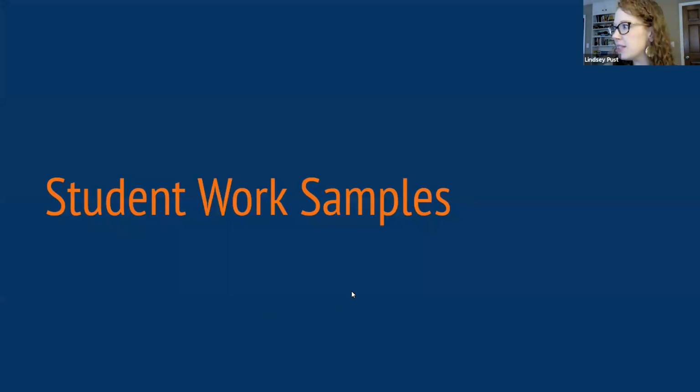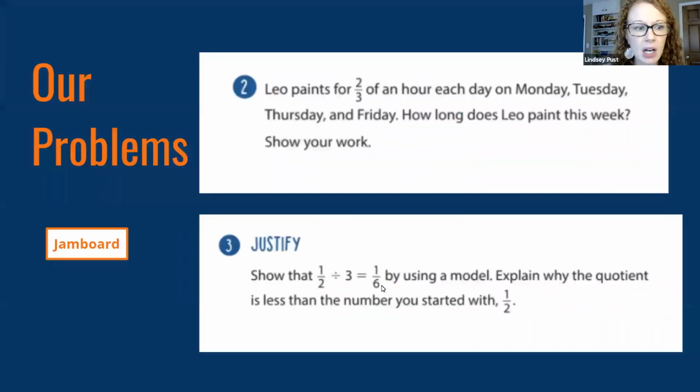So we're going to spend most of our time today on looking at student work samples and discussing them. These are the two problems we're going to focus on. We saw this top problem in one of our breakout rooms today. This bottom problem we were not able to get to, but it was supposed to be in the third breakout room session, so you can certainly go onto the Padlet and try out this problem later on as well if you would like to.